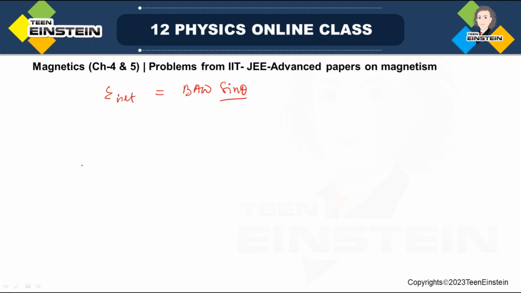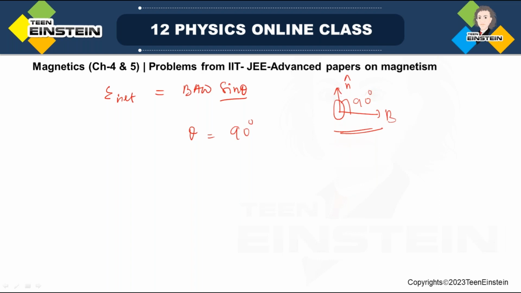Now the rate of change of the flux will be maximum when this theta is 90 degrees. That means when the outward normal of the loop and the magnetic field direction are perpendicular to each other, at that situation, the induced EMF will be the maximum.